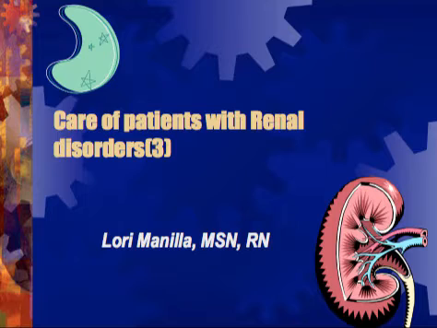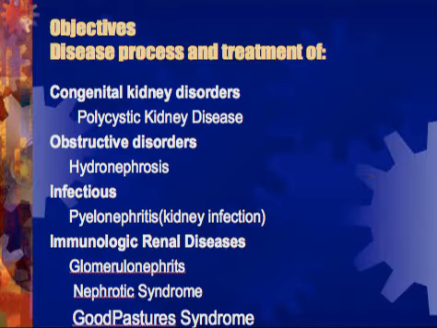So, care of patients with renal disorders. These are how we're going to discuss them. We're going to talk about congenital disorder, polycystic kidney disease, and within those we'll talk about the adult manifestation and the childhood recessive manifestation.